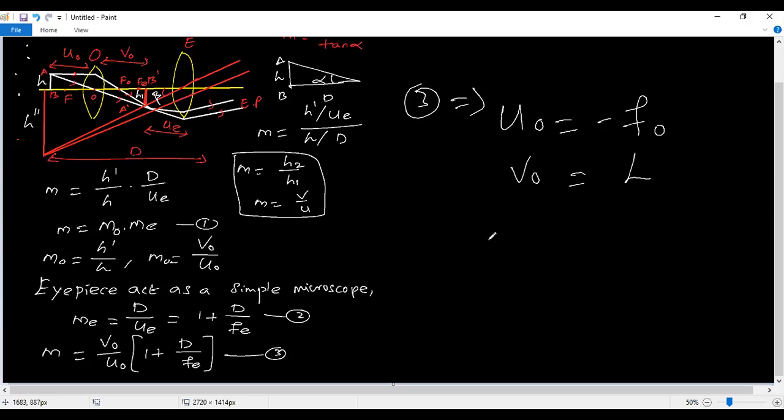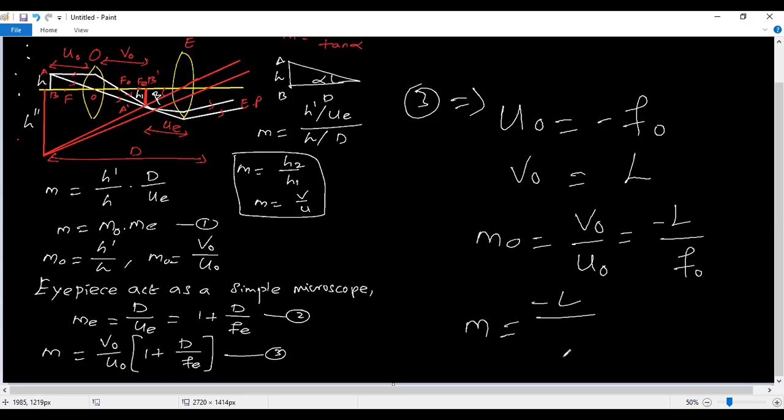L means tube length. So now M naught equal to v naught divided by u naught. The v naught value is L, the u naught value is minus f naught. Just apply the values, you will get M equal to M naught; instead of M naught I am applying capital L divided by f naught, into 1 plus D by fe.